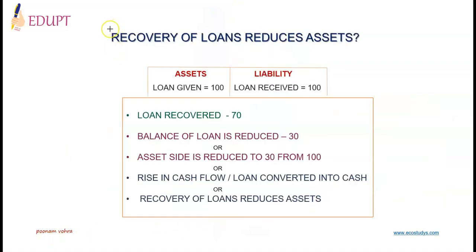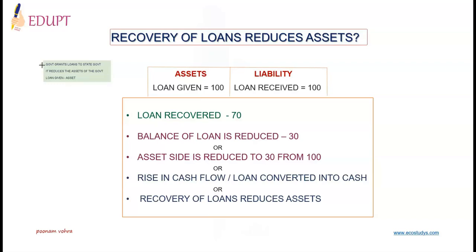Now let us understand how recovery of loans reduces assets. Government grants loans to state governments or union territories. It reduces the assets of the government. Now, what is an asset? Asset is a resource from which future economic benefits are expected to flow to the enterprise.